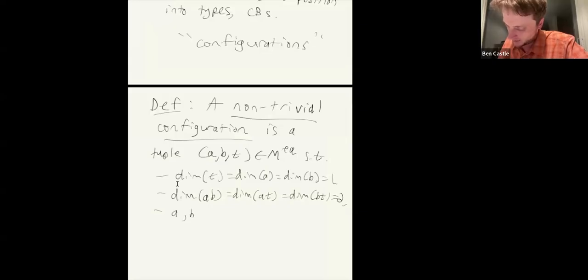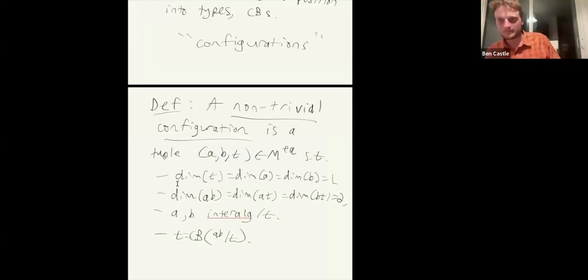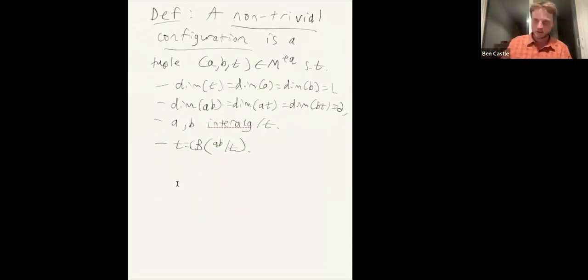A and B are interalgebraic over T. And T is the canonical base of AB over T. It's a non-trivial configuration.